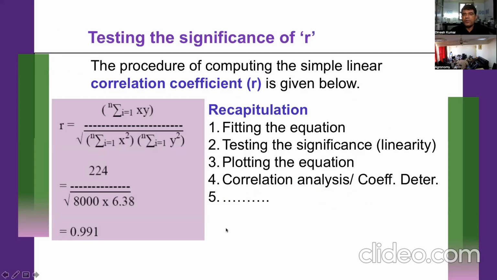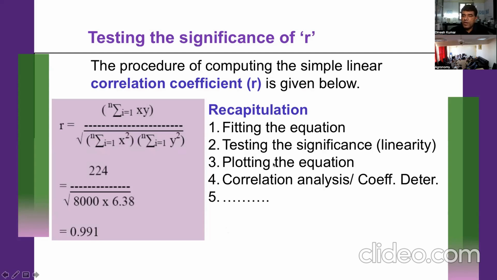Now, the procedure of computing the simple correlation coefficient is given below. Friends, you can recall, first of all, we fitted the equation. We found the equation mathematically. You remember we calculated the values of A and B by formula, by doing some calculation. And once we found the equation, we tested it for significance, whether the equation is linear or not.